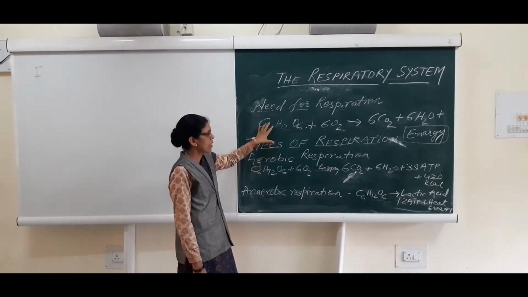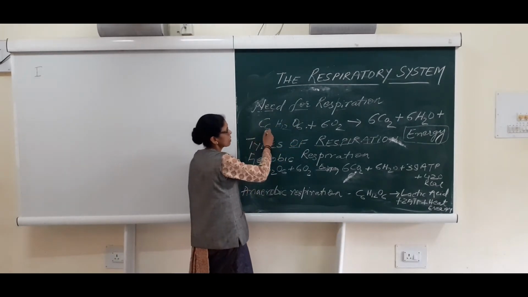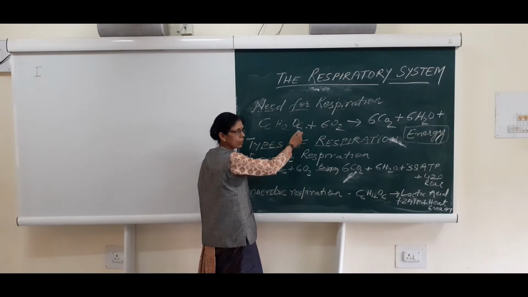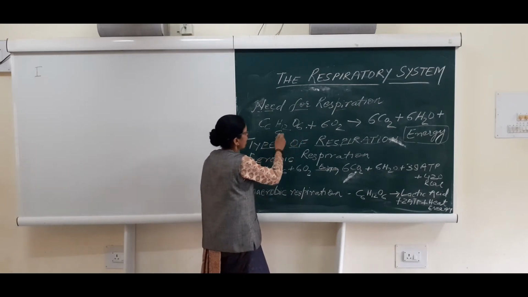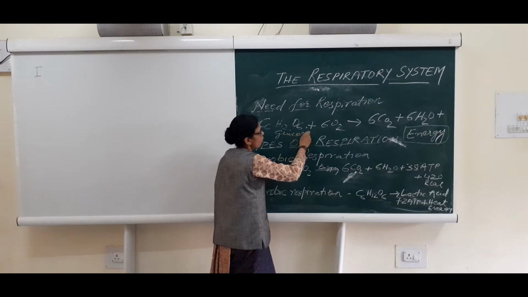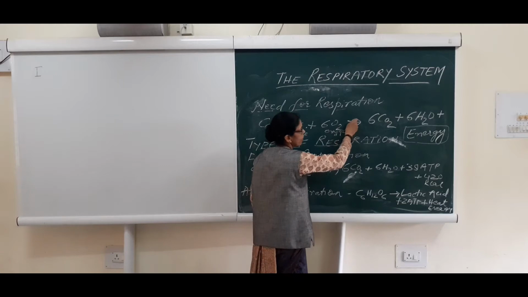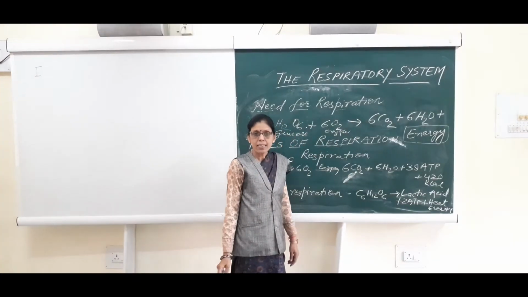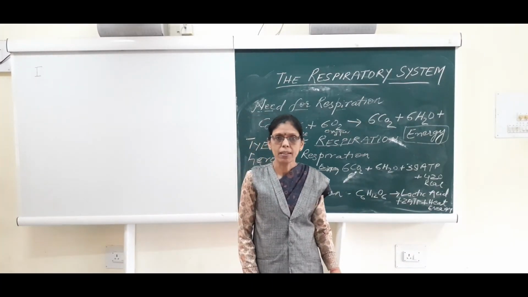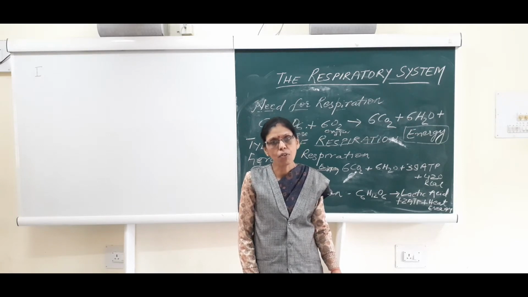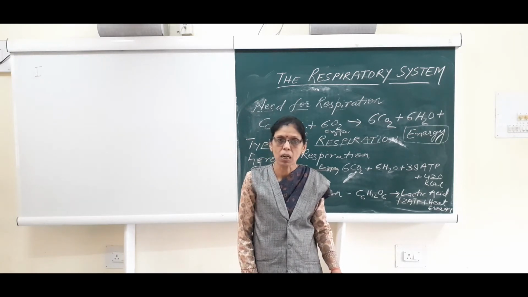For this, if you see the equation, this is C6H12O6, glucose, which is oxidized over here by oxygen, in presence of various enzymes. Enzymes are biocatalysts. They enhance the rate of chemical reaction without undergoing change themselves.